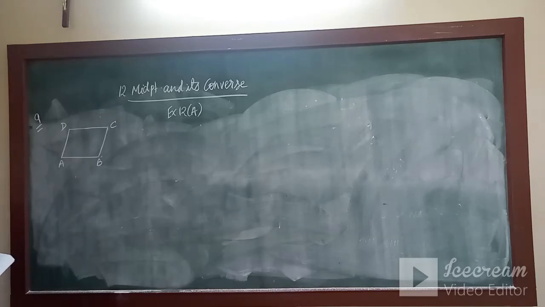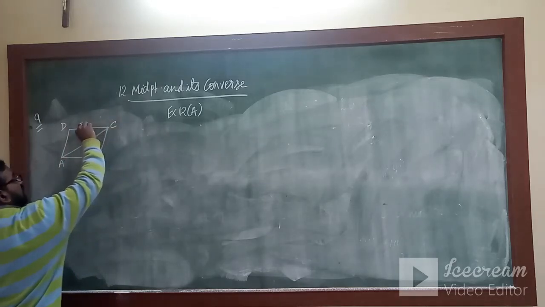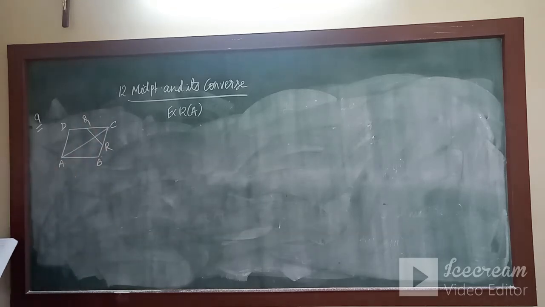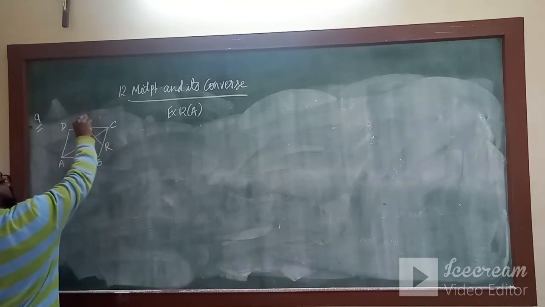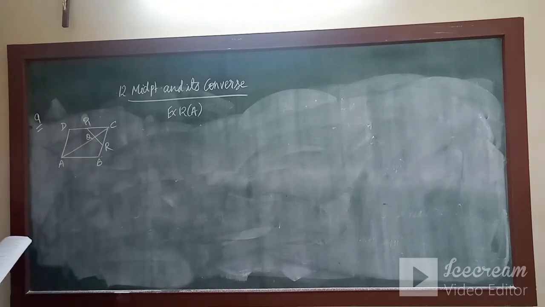PQ produced meets BC at R. So this is AC, this is Q, this is R. Sorry, this is P, this is Q, R, and CQ is 1 by 4th of AC. Okay, this we will use later on.